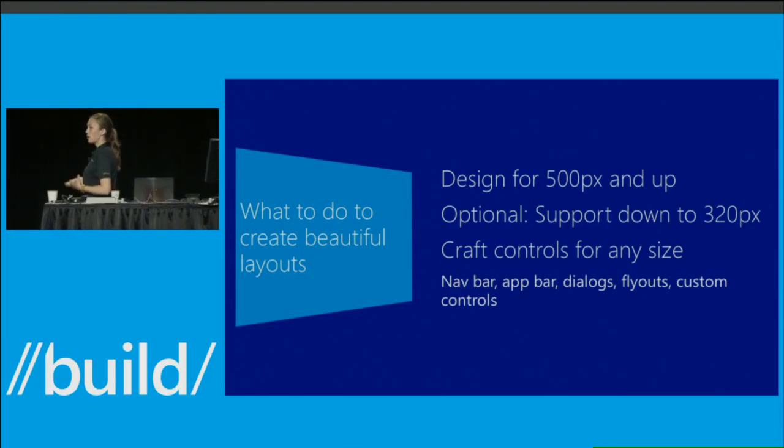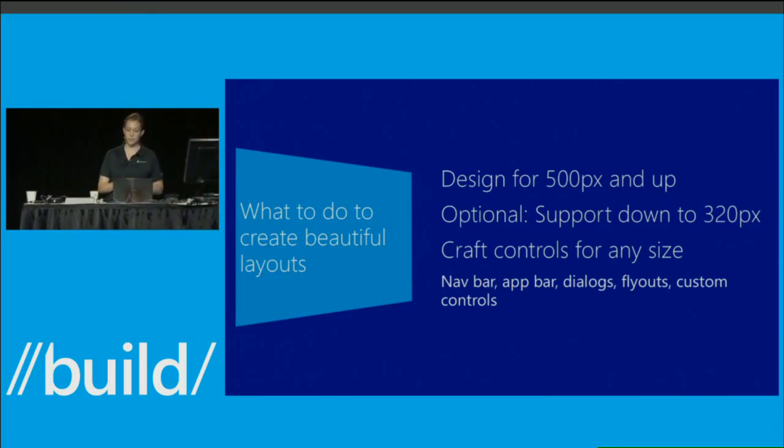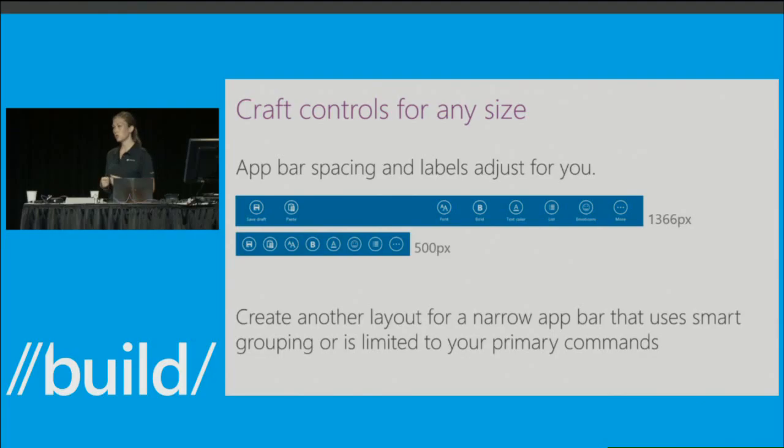Now, another key part of this is crafting controls. So your nav bars, your app bar, any custom controls that you have in your app, you want to make sure that those don't get eclipsed or have some strange layout going on when you change the window size. So we want to make sure that those controls are well crafted at any window size as well. Now, app frameworks do a lot of this for you.